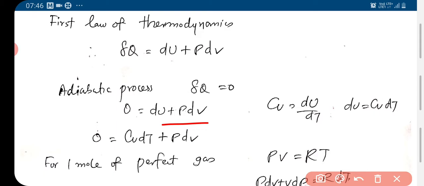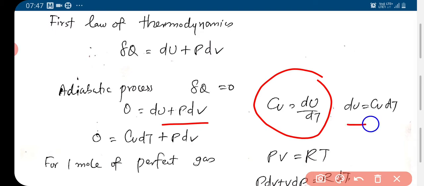So we have dU plus P dV equal to 0, and we know Cv is dou u by dou t, or dU by dT, because we are considering a perfect gas where U is a function of temperature only. So dU is Cv dT, and we substitute that with P dV.